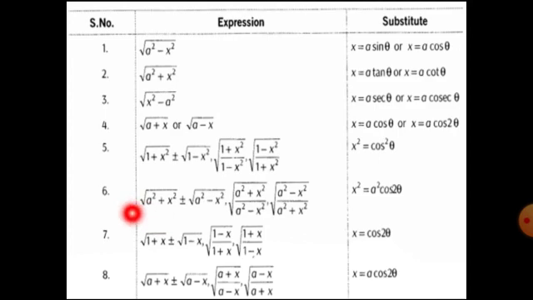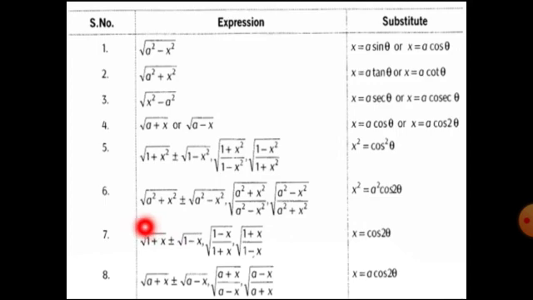The sixth expression is square root of a square plus x square plus or minus square root of a square minus x square, or if it is in the form of square root of a square plus x square divided by a square minus x square, or square root of a square minus x square divided by a square plus x square, then you have to substitute x square is equal to a square cos 2 theta.